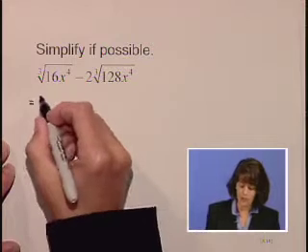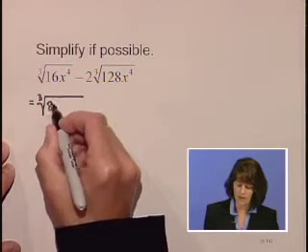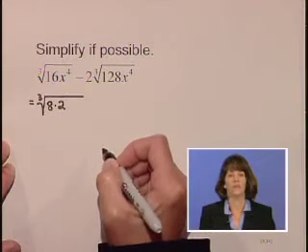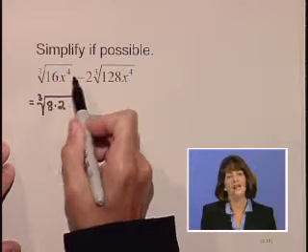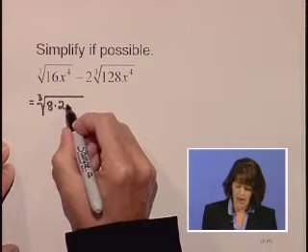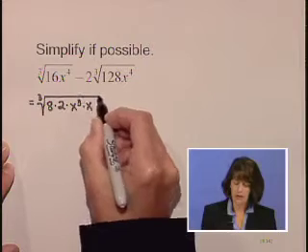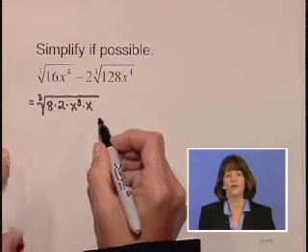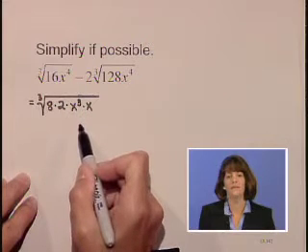16 isn't a perfect cube, but it can be factored as 8 times 2. 8 is a perfect cube. And let's rewrite that x to the fourth as x to the third times x to the first, so that we can see the perfect cube piece of it.